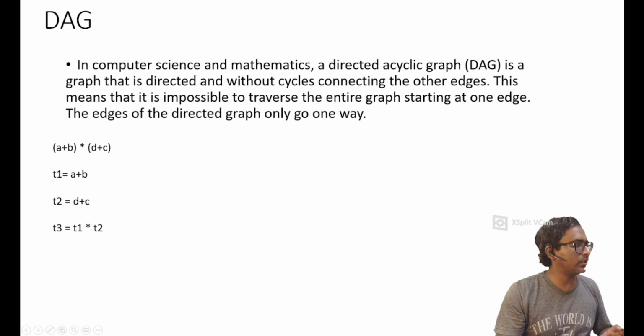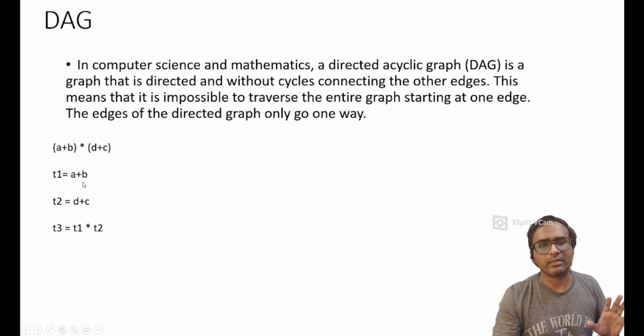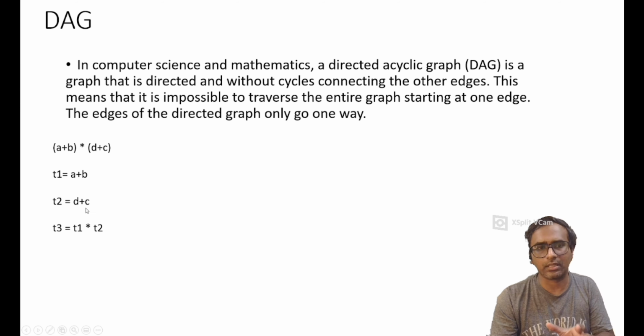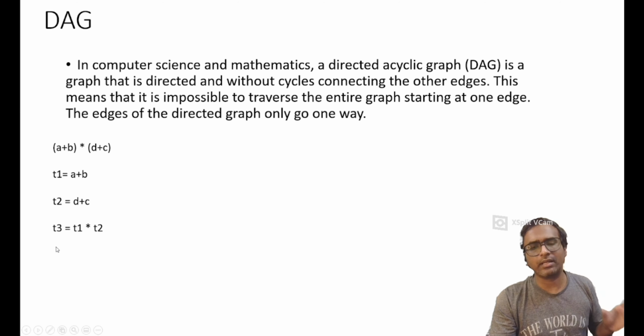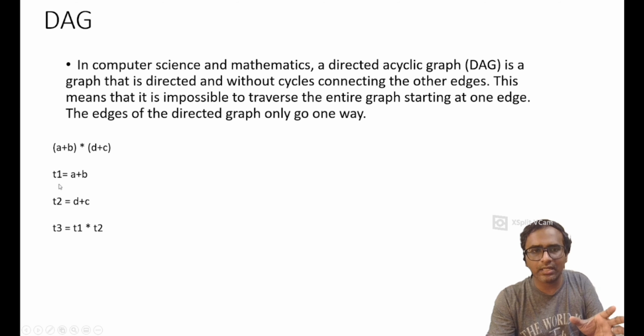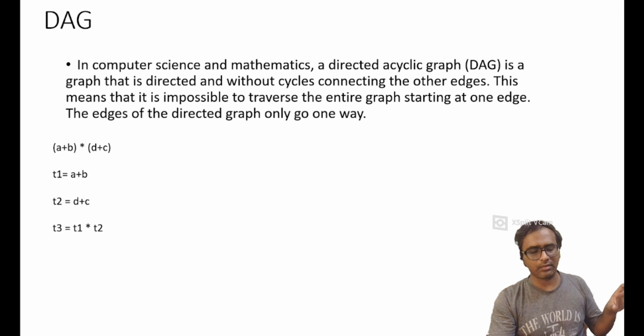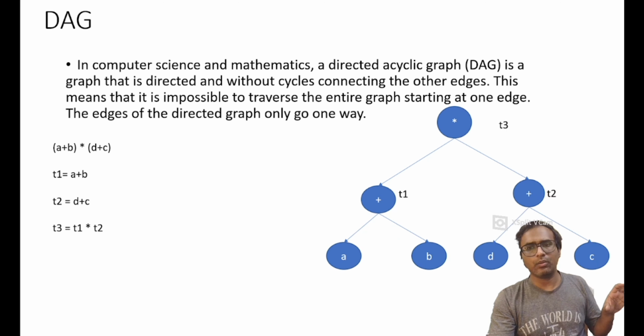If you see here, I have (a + b) * (d + c). That I can convert like this, where t1 equals a + b and t2 equals d + c, and t3, my final result, equals t1 * t2. If you ask me to convert this into a DAG, this is how I do it.